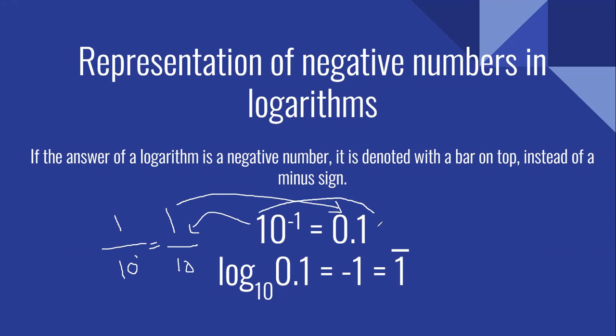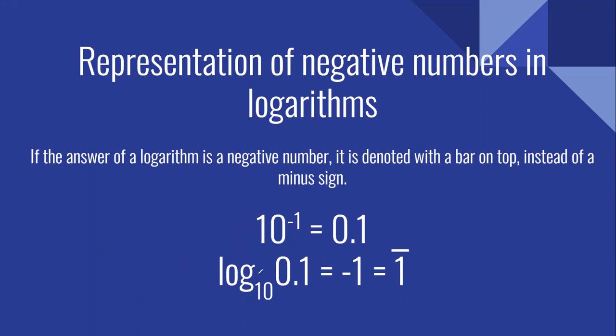Therefore, now we have an indicial equation here where minus 1 is the power. Now, if we convert it into a logarithmic equation, we get log 0.1 to the base 10 gives you minus 1. And if the result is a negative number, we remove the minus sign and put a bar on top of the number. If you can see, there's a bar on top of 1. And this is now read as 1 bar or bar 1.